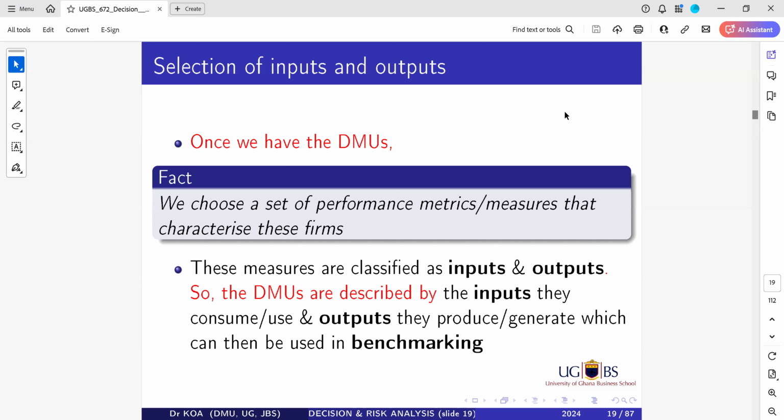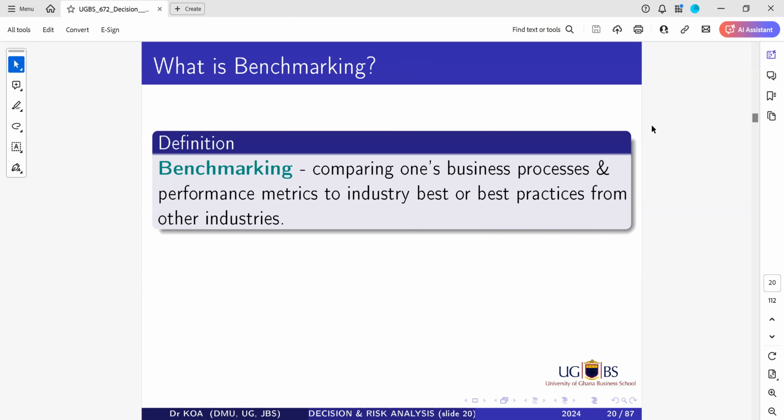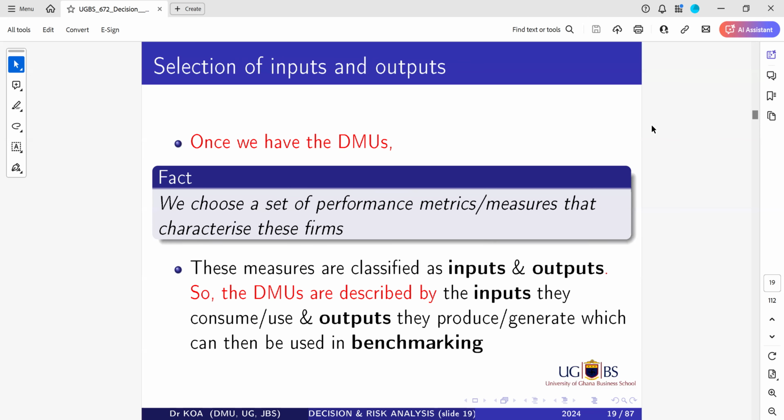Now, the next step after selecting the DMUs is to select the inputs and the outputs. Choose inputs and outputs that are homogeneous. I've already almost said that. Now, the DMUs are defined by the inputs and outputs.